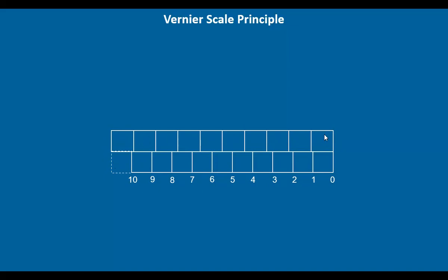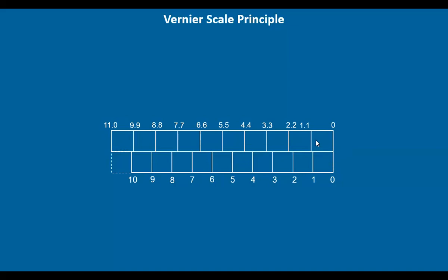When you divide this into 10 equal parts, each division will be 1.1 unit. So I mark this 1.1, 2.2, 3.3, up to 11 centimeters. So this is entirely 11 centimeters here also.